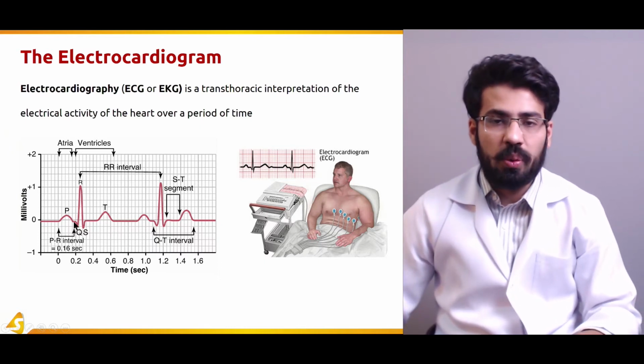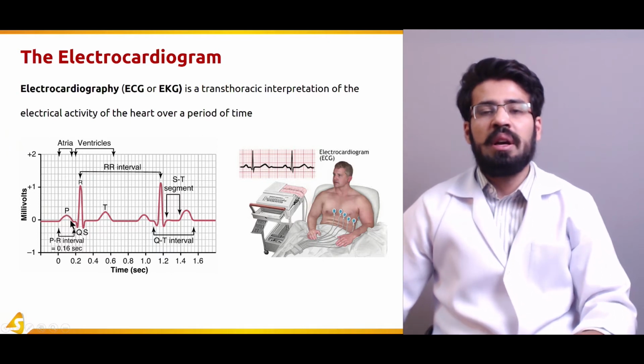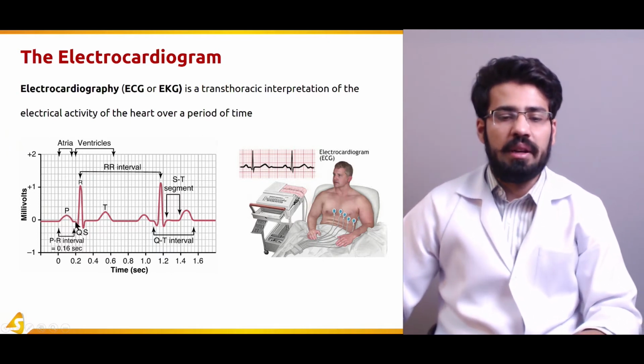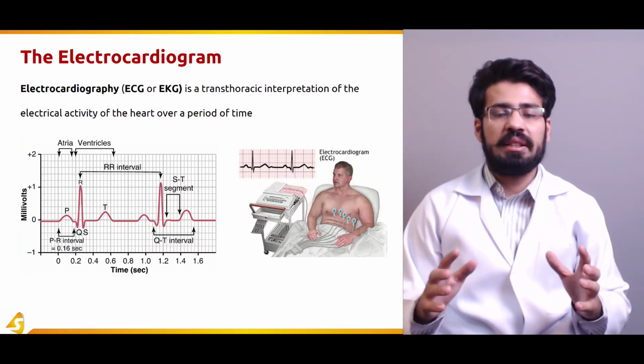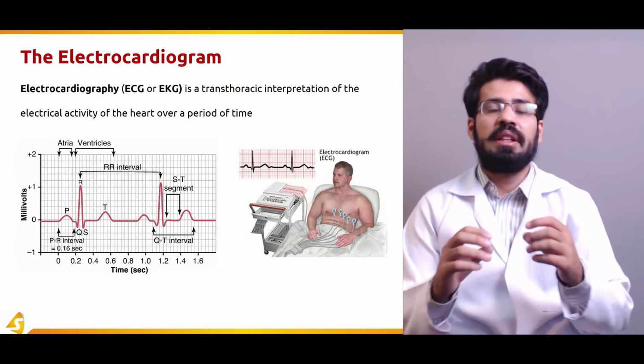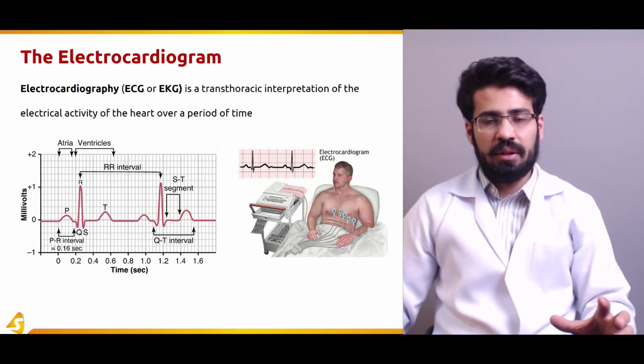This very small phase after the P peak is basically the phase where the atria will relax, and after the atria relax, the blood will flow towards the ventricles and the AV valve will close.